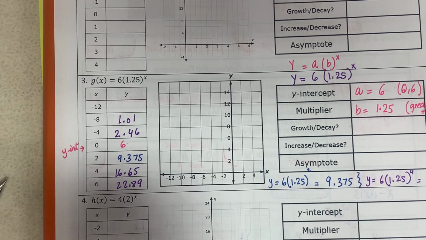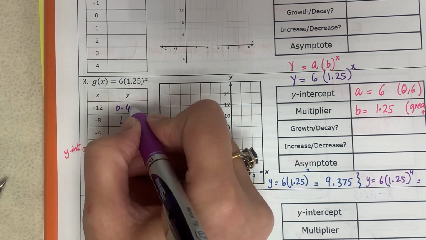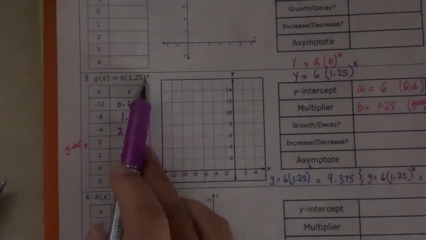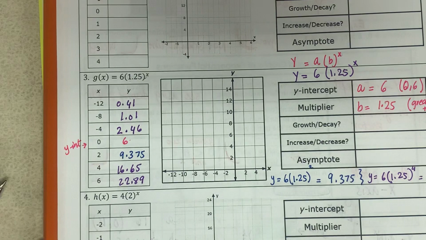When it is -12, it is 0.41. So I practically just use the calculator. I'm replacing the x every time and getting my number. These are exponents, so I recommend you use a calculator so you don't mess up the numbers.